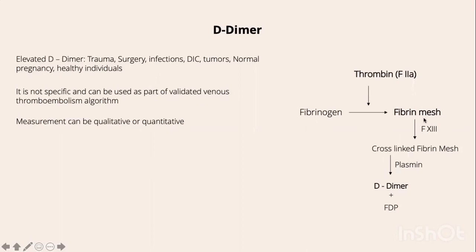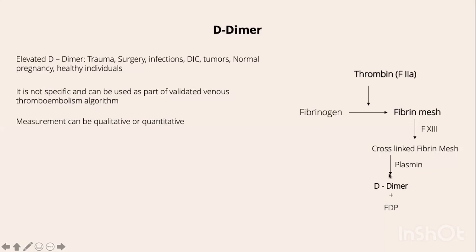Then with factor 13, the soluble fibrin mesh will be converted to the cross-linked fibrin mesh. And then this one, with the plasmin, which was previously plasminogen and was activated to plasmin, will be degraded into two things, D-dimer and fibrinogen degradation products.